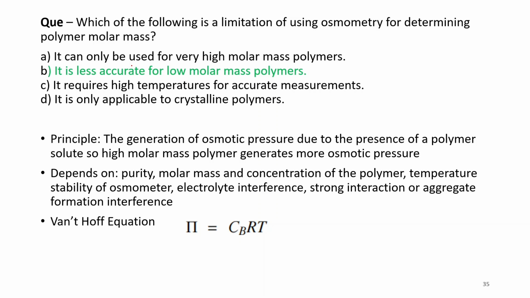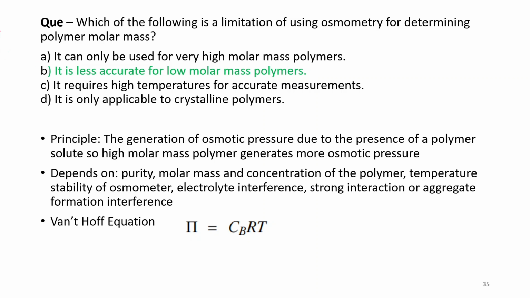Also, in osmometry, the purity of the polymer and its concentration are very important parameters. Also, the temperature stability of the osmometer matters, and interference from electrolytes, strong interactions, or the formation of aggregates should be avoided to get a more accurate result.